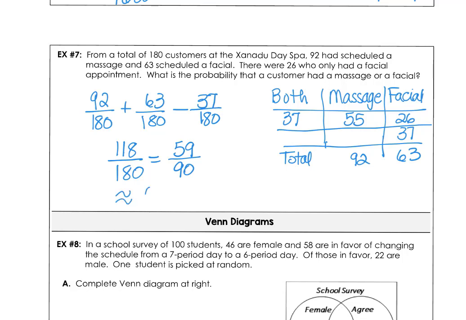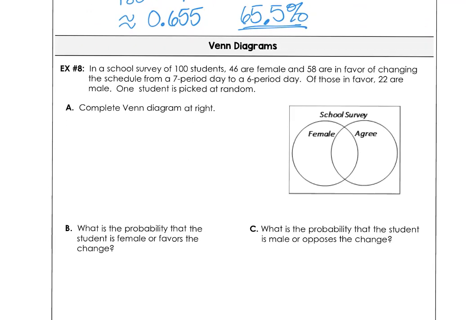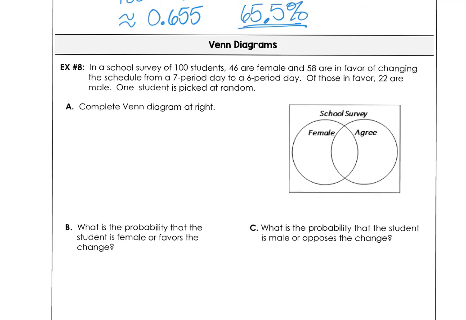So we're looking at about 0.655. The probability that a customer had a massage or a facial is about 65.5%.